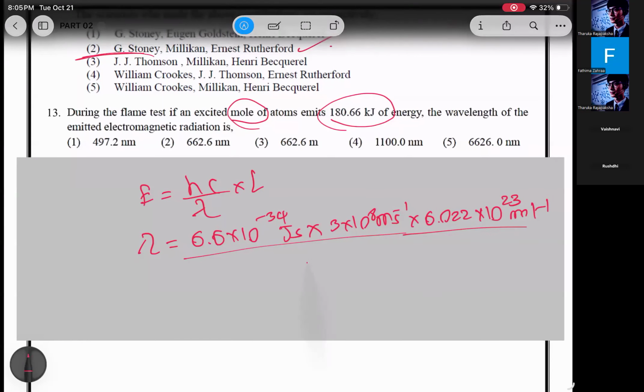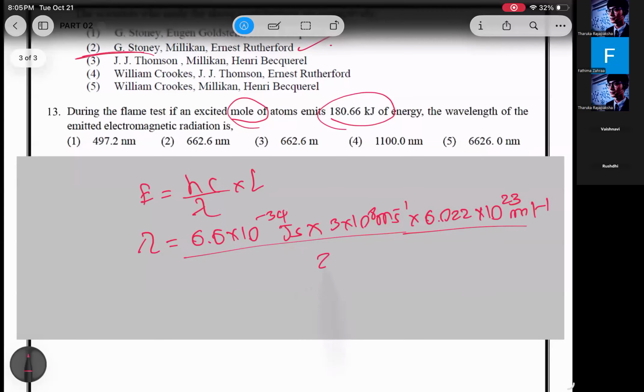Energy 180.66 10 to the power 3 joules. Joules and joules cancel off. Per second and second cancel off.